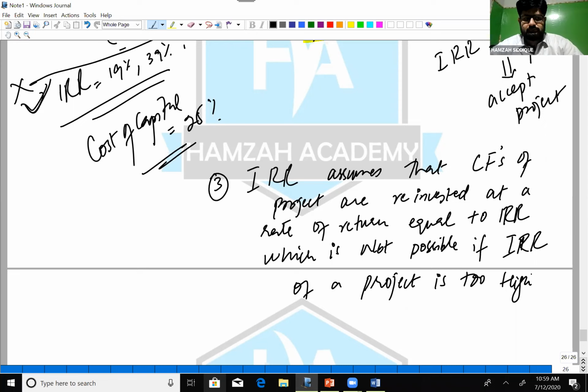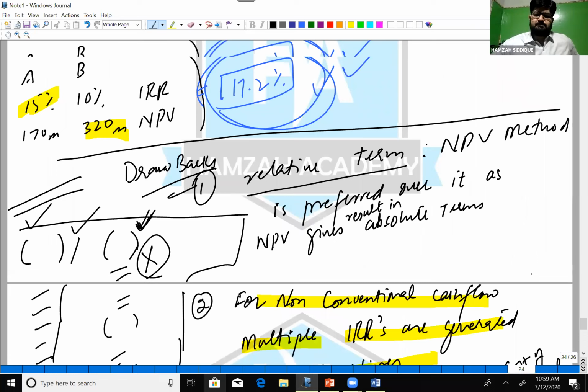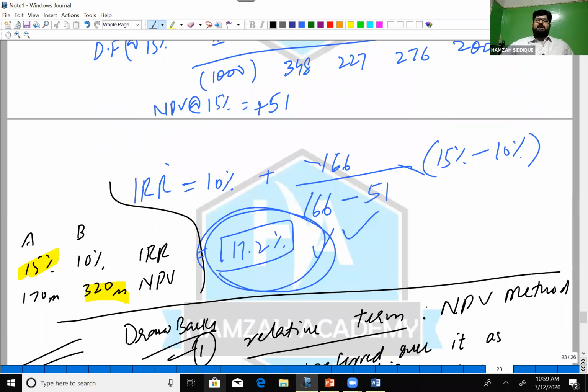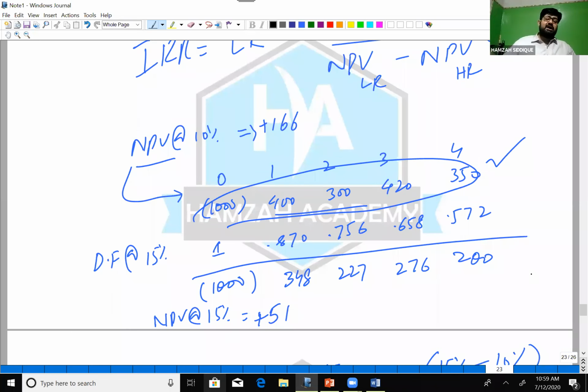Now, just focus now. These are the cash flows of the project. For example, a project is giving IRR of 40%. High return. For example, this project.